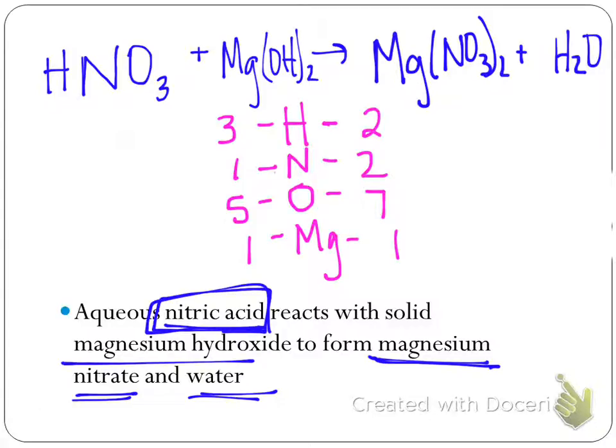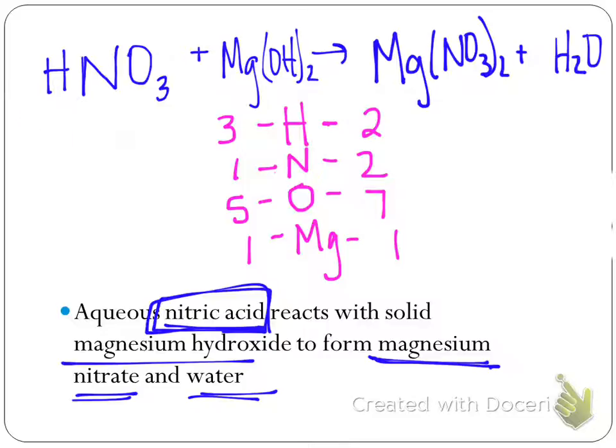Okay. So remember when I talked about how if we have an odd number on one side and an even number on the other side, we got to get those to match, right? So here, if I look at my hydrogens, I have an odd number on the left, yet an even number on the right. So can my product side ever have an odd number of hydrogens? No. So that means I'm going to have to get this side to be even somehow.